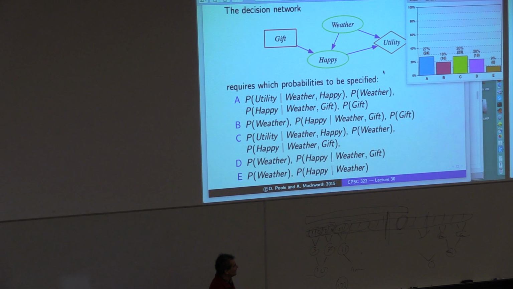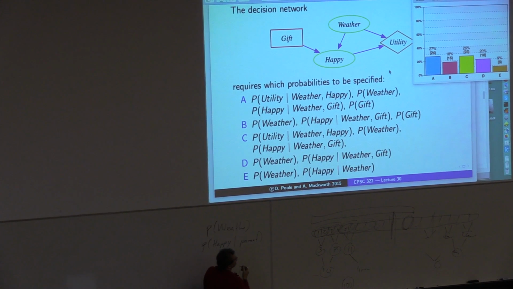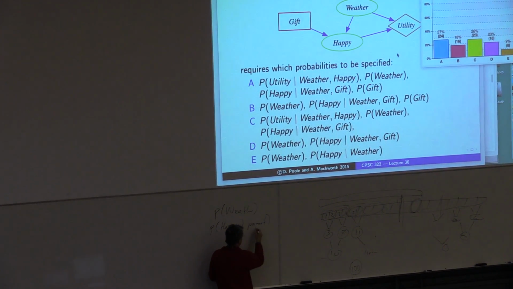All right, there's no probability for utility. For every random variable, there's a probability of the variable given its parents. So there's the probability of weather, and there's a probability of happy given its parents, which in here are gift and weather.